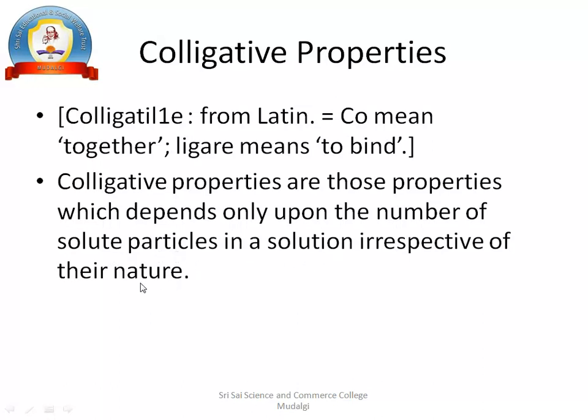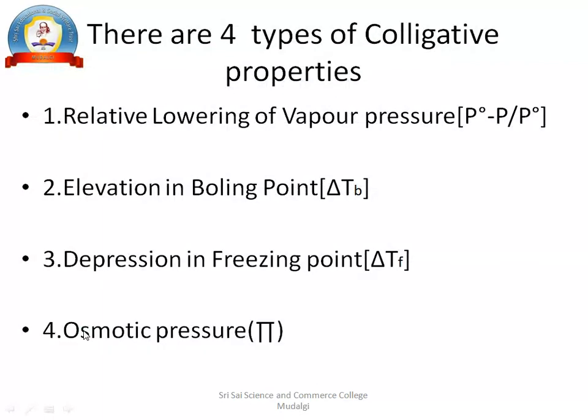So it does not depend upon the nature of the solute, it depends upon the number of solute particles present in the solution. That property we call a colligative property.